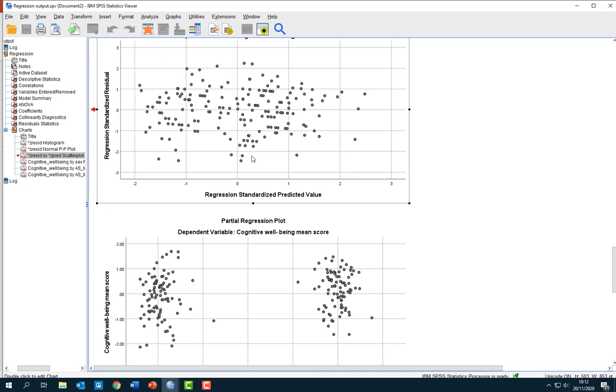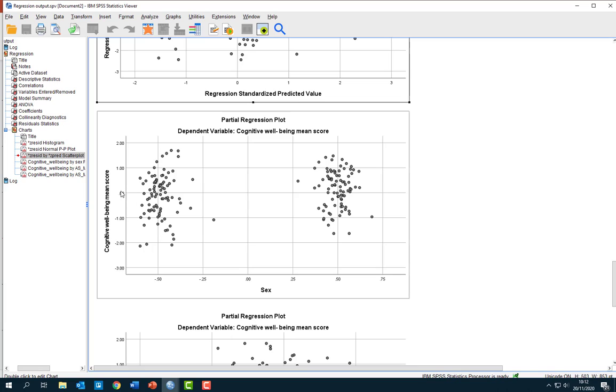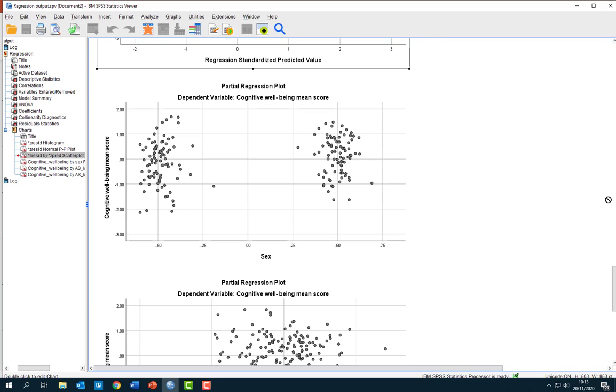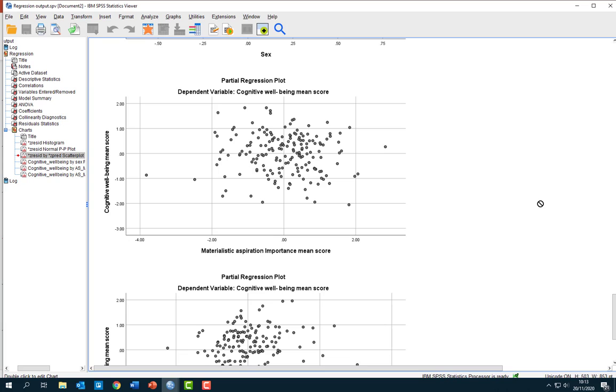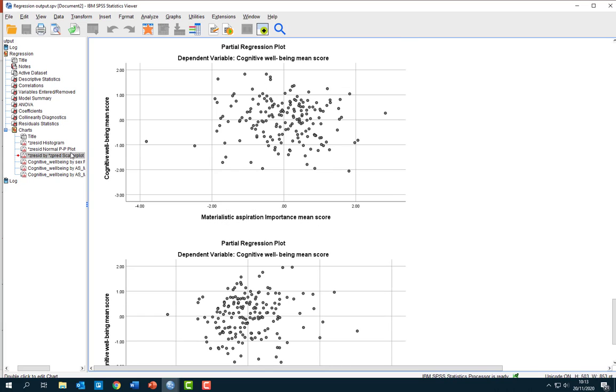When I talked about this potential curvy thing going on here, and how that might be to do with one of our dichotomous predictors, when you look at the plots of well-being on the scatter plot, you'll see that you've got males and females and get a sense of where people fall within those, but it's less helpful to explore using the scatter plot in that way. Another way of checking for linearity, as well as the linear correlations we did earlier, would be to look at whether we have a clear trend on a scatter plot between each of our continuous predictors and our outcome.